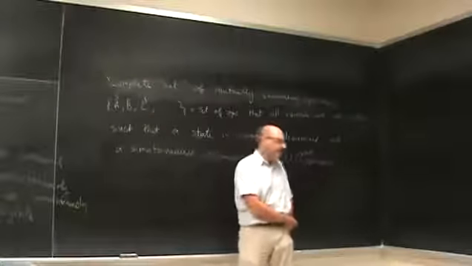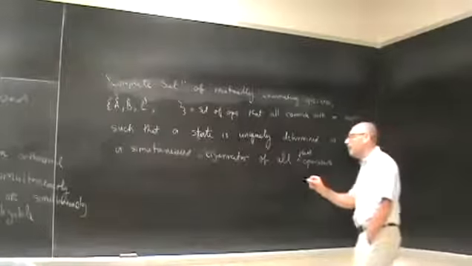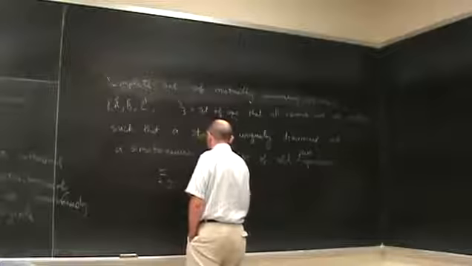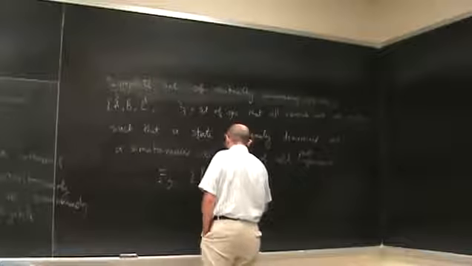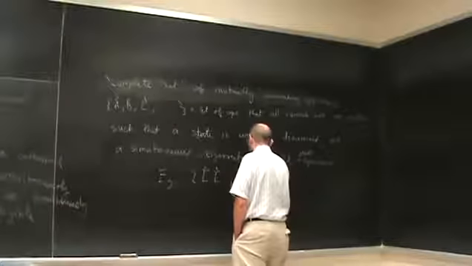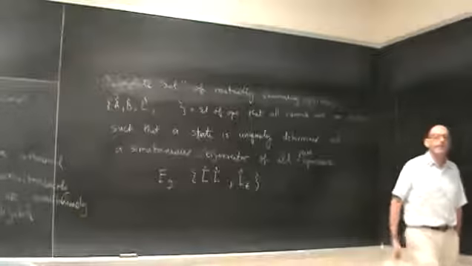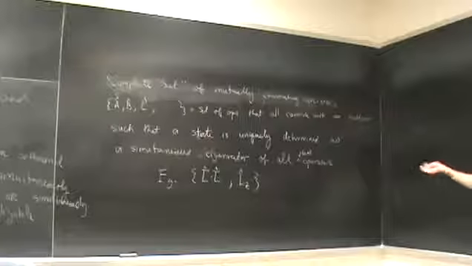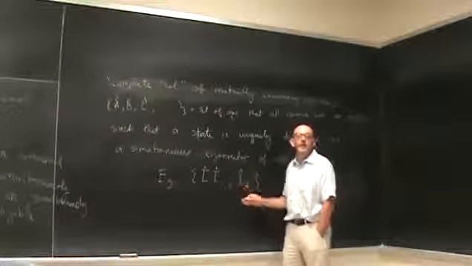And we gave the example of angular momentum: the magnitude squared of the operator and some one component is a complete set of mutually commuting operators. That is to say, every state is specified as a simultaneous eigenvector of those two operators.